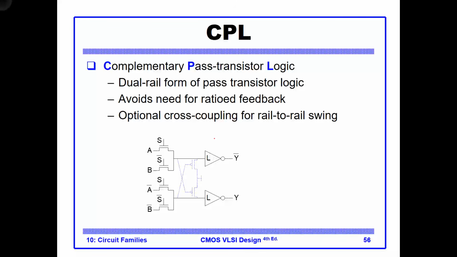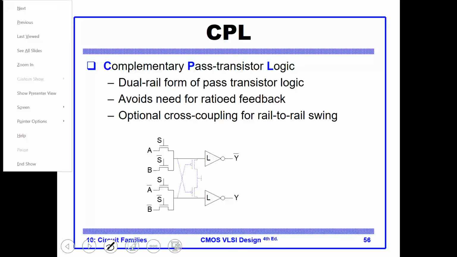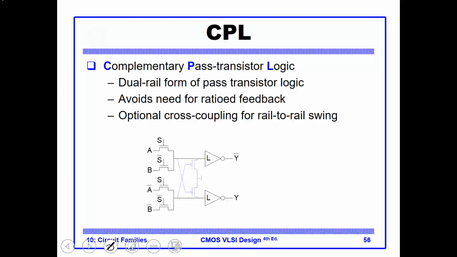Rather, you use an internal node to activate this pull-up, but this requires that you produce the function and its complement. So this here will be y, and this will be y prime, and this is the activation of these PMOS transistors, because now you activate them with an internal node rather than an external node, which tends to be an advantage for CPL.